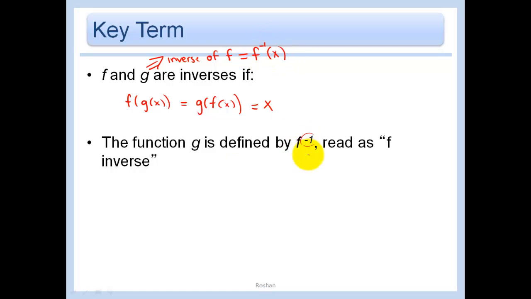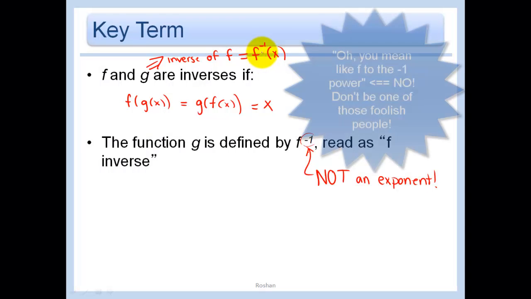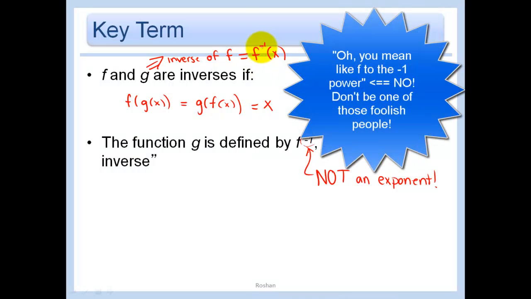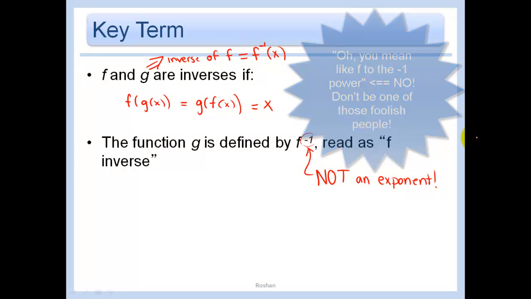Note that this -1 here is not an exponent. And that's really important. This is just notation. So whenever you see f to the -1 of x, that does not mean a power. We call it f inverse, and we don't say f to the -1. It is not f to the -1 power. It is f inverse. Important.